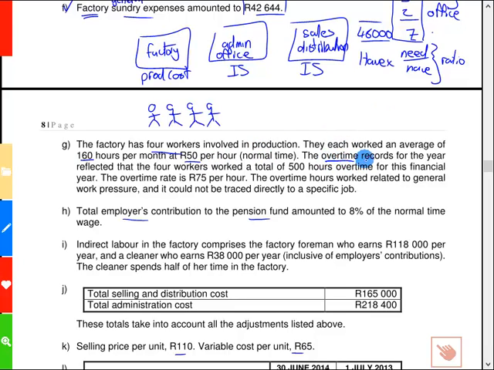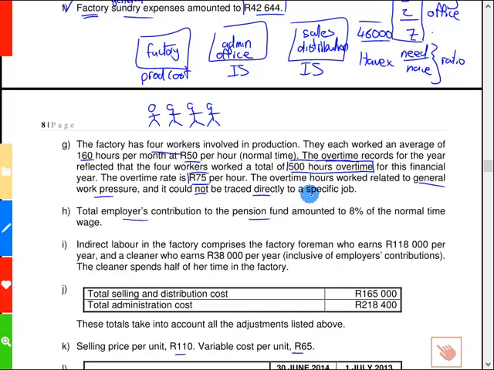The overtime records for the year reflected that the 4 workers worked a total of 500 hours of overtime for this financial year. The overtime rate is 75 Rand per hour. The overtime hours worked related to general work pressure, and it could not be traced directly to a specific job.